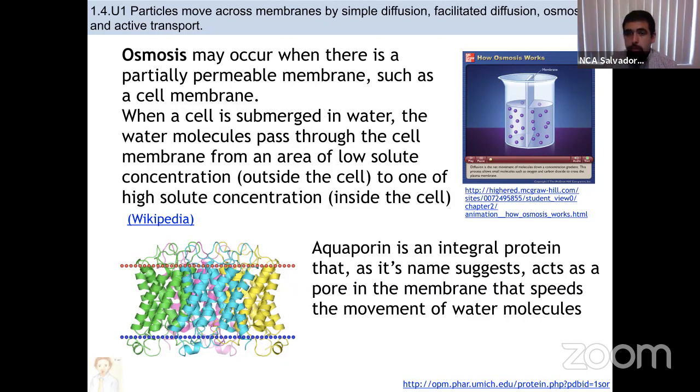Okay? So when it says that it's going from an area of low solute concentration to an area of high solute concentration, what is the water actually doing? Is it increasing the concentration or decreasing the concentration of solute? What do you think, Aiden?